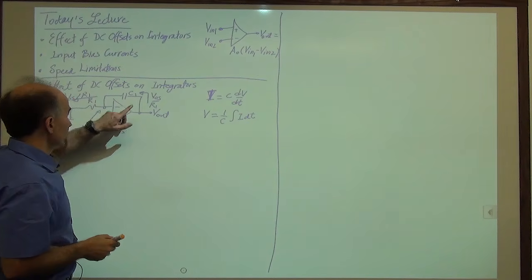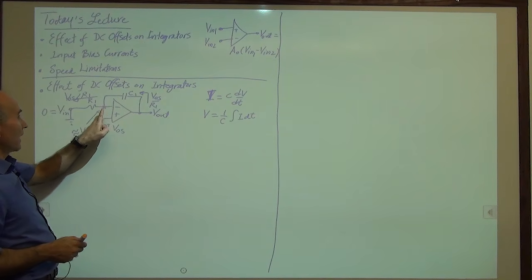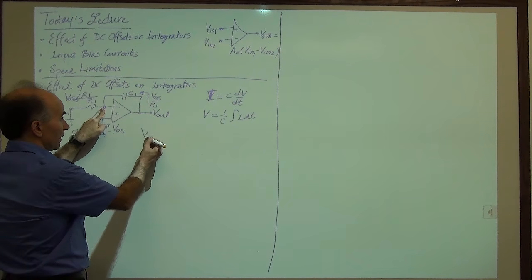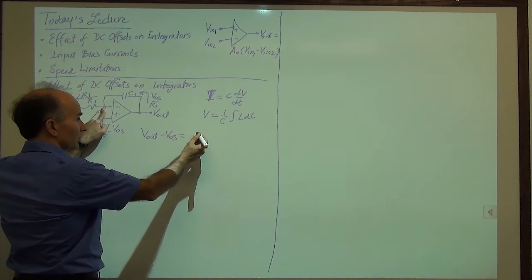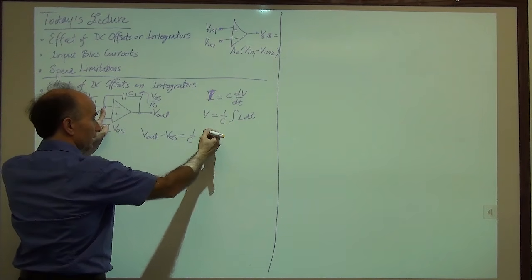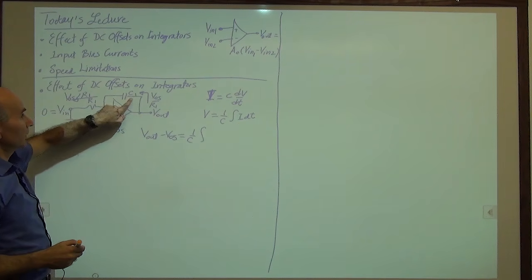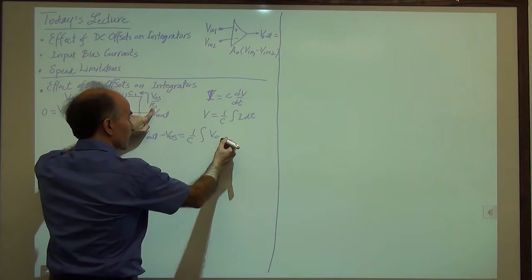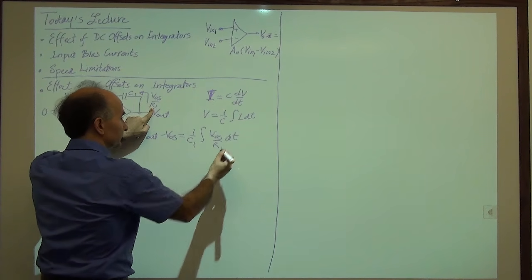Okay, so the voltage on the capacitor, which happens to be equal to V out minus VOS, that's the voltage difference from here to here. So V out minus VOS is equal to 1 over C integral of I dt. I, the current of the capacitor, is VOS over R1. So VOS over R1 is integrated over C1 dt.